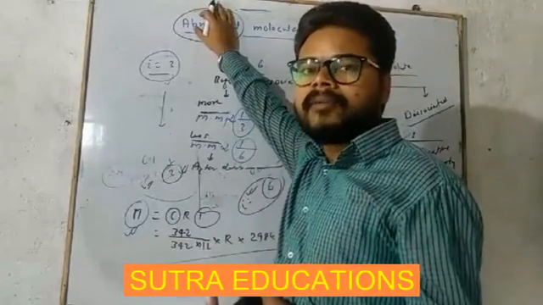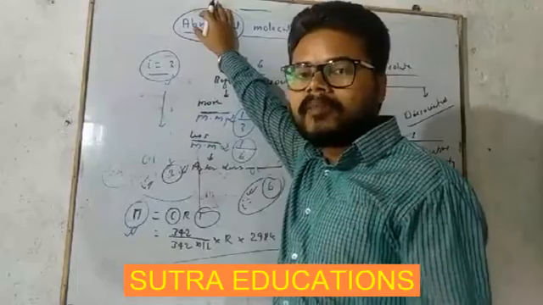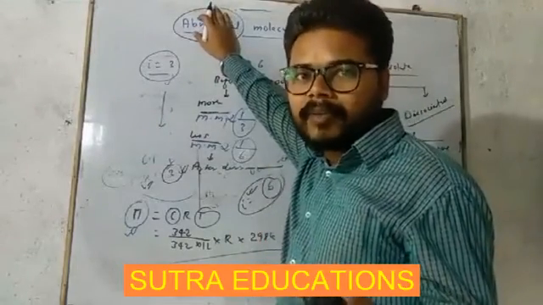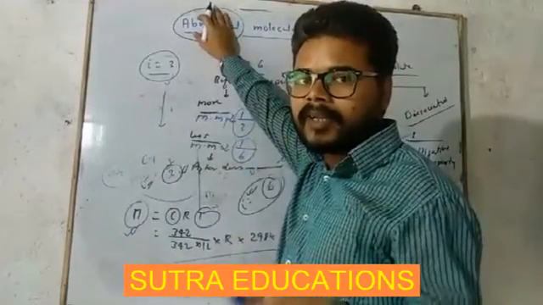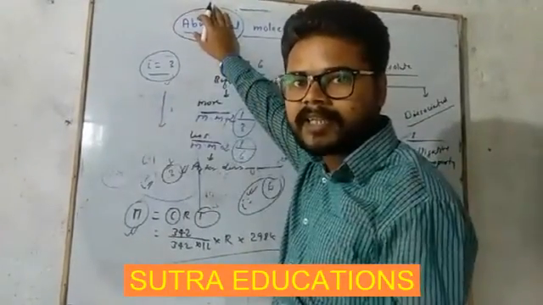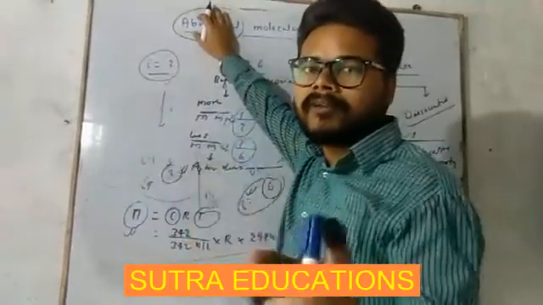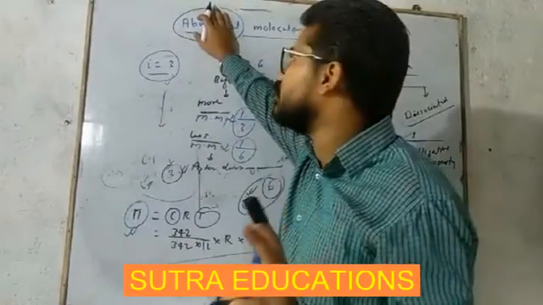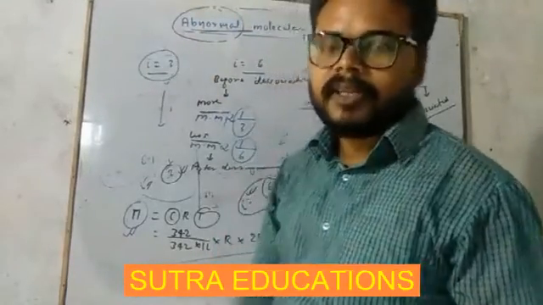And we know molecular mass is inversely proportional to colligative property, so directly we can say our molecular mass is going to change, either increase or decrease. If colligative property is increasing, then molecular mass will decrease, and if colligative property is decreasing, then molecular mass will increase. We are not going to get the normal molecular mass. Getting this or not? That's why it is called abnormal molecular mass.